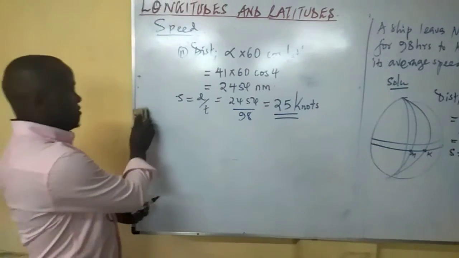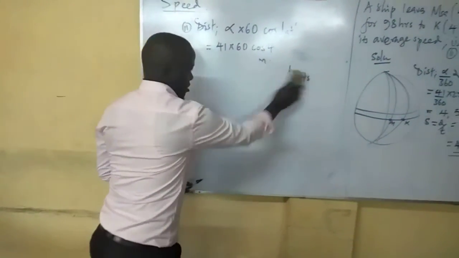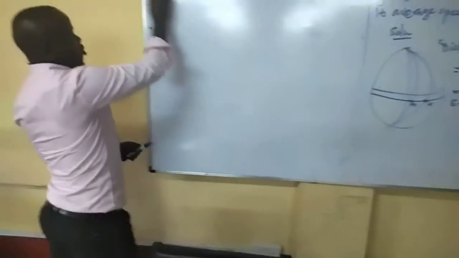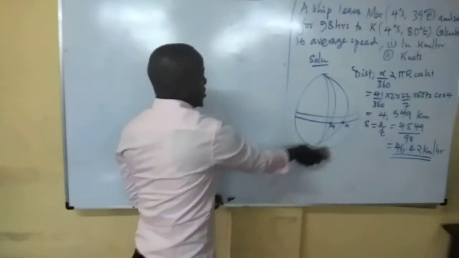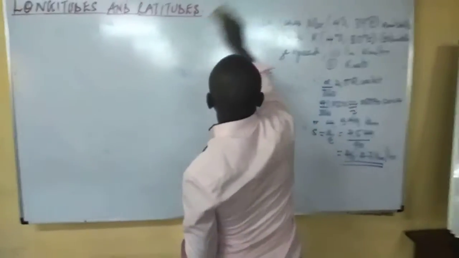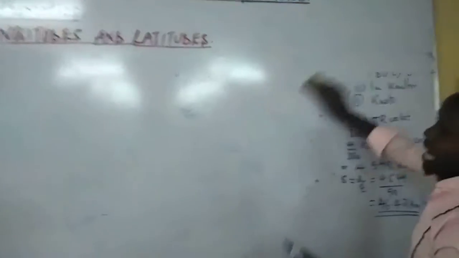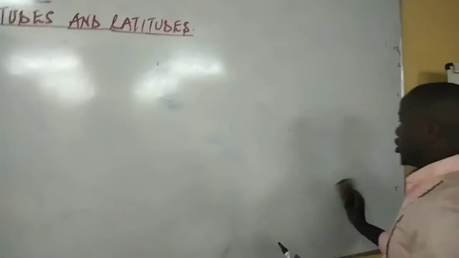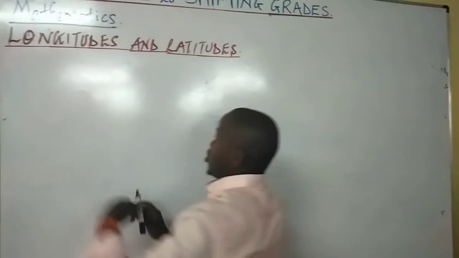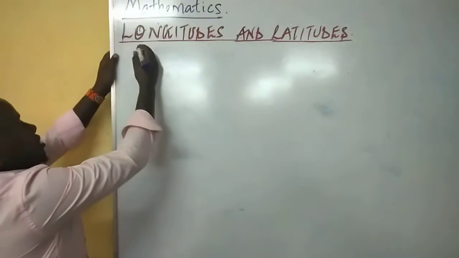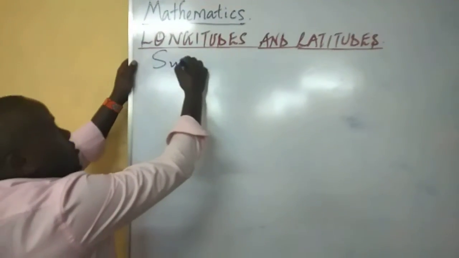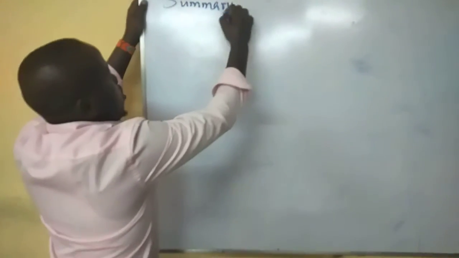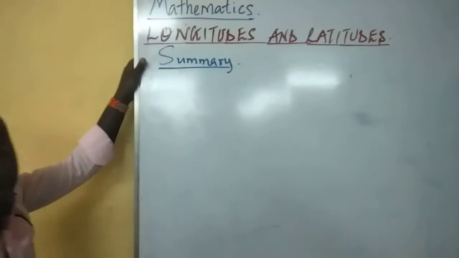Let me now give a summary of this topic, which is longitudes and latitudes, before I handle the last question on the same. Let me give a summary of all the tips we've gone through.